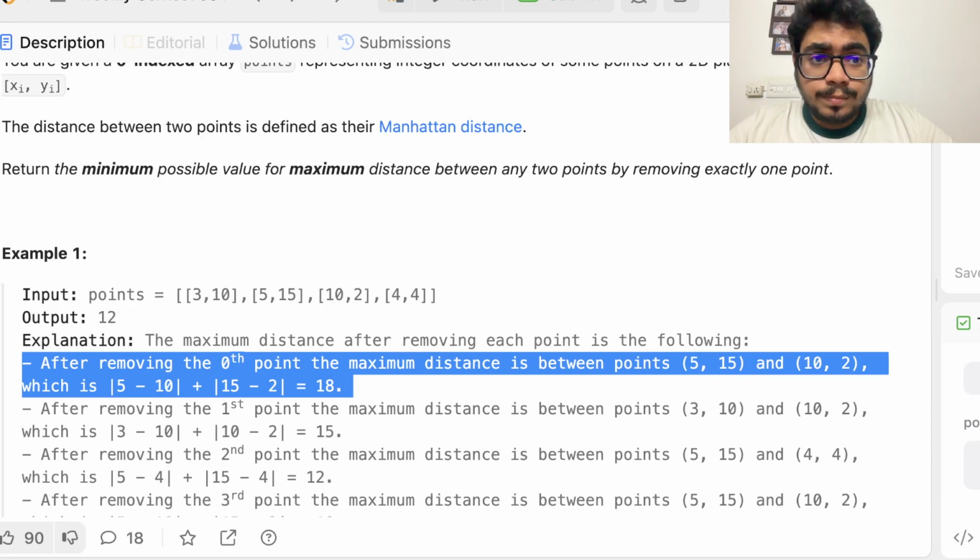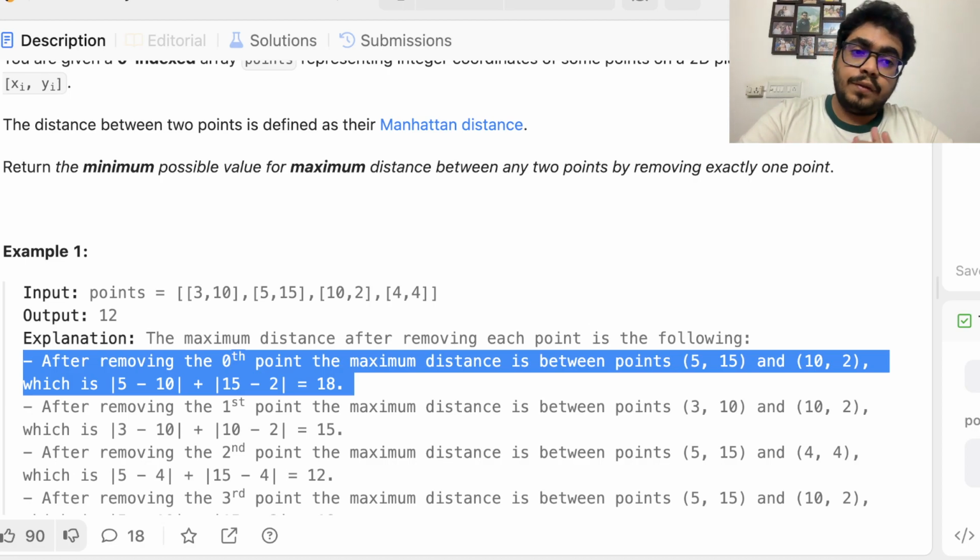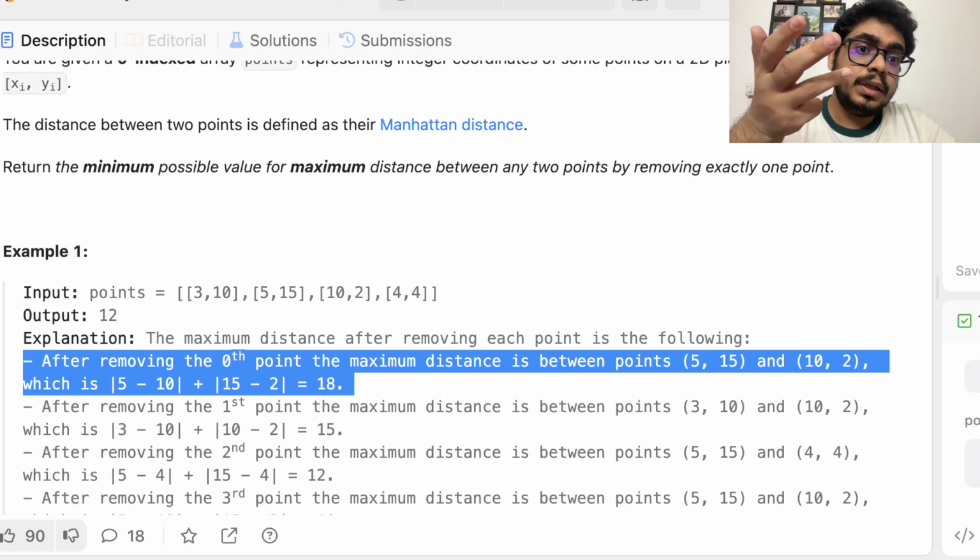Cool. So basically we have reduced our calculation to find the maximum distance. Instead of it being n square, we can just run loops on this, find the one with maximum difference, minimum difference, maximum sum, minimum sum, and just do those two calculations, right?